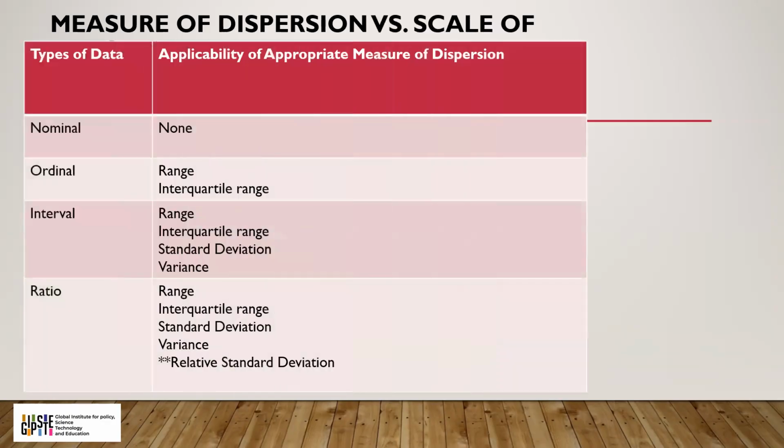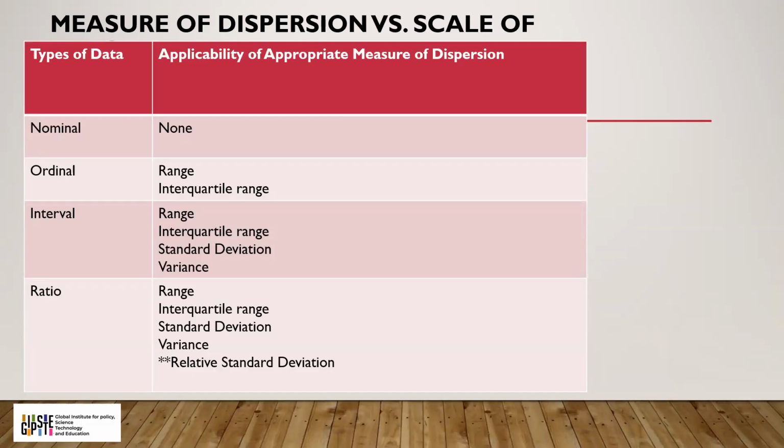Now let's look at the measure of dispersion or variability versus scale of measurement. Types of data points: the nominal, ordinal, interval, and ratio level. In terms of applicability of appropriate measure of dispersion, for nominal it is not applicable. You can't apply measure of dispersion to a nominal data set. For ordinal, you can apply range and interquartile range.